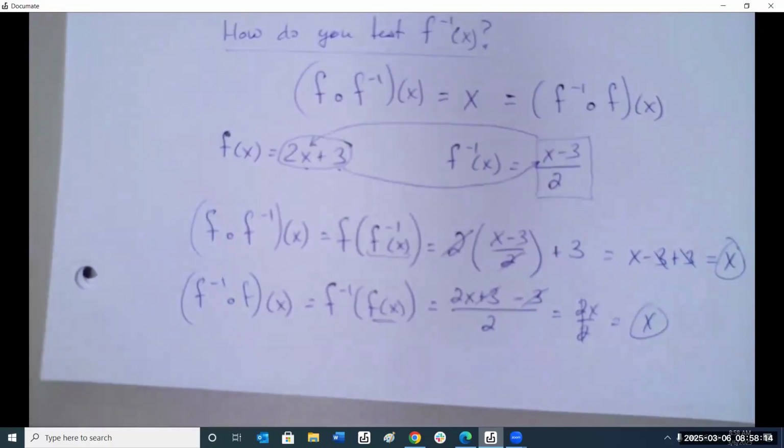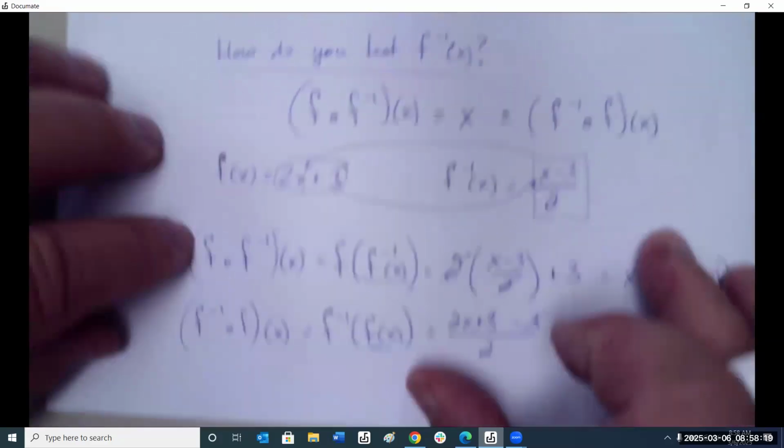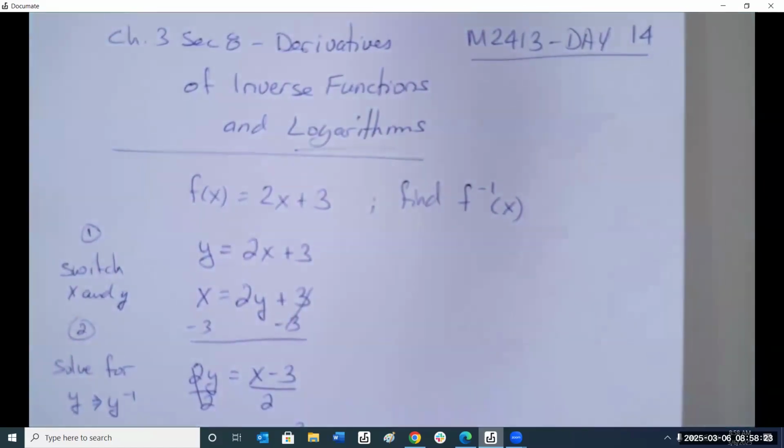That's algebra. That's linear equations. Now logarithmic functions.